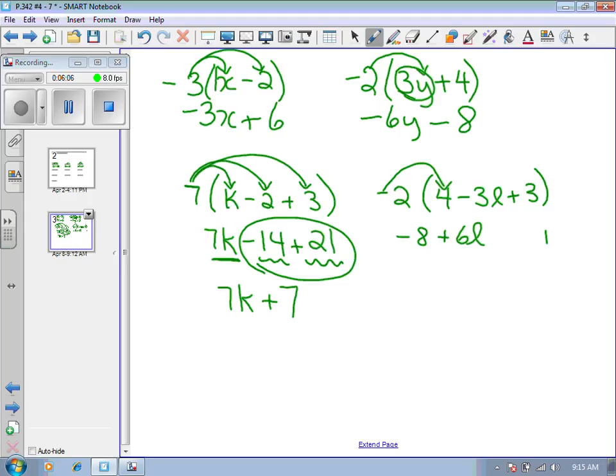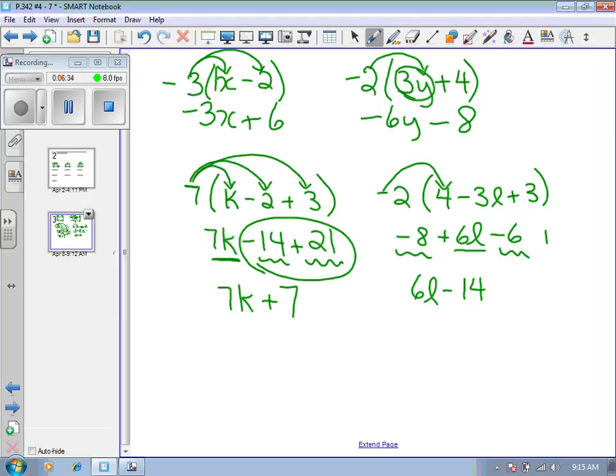And negative 2 times positive 3 gives us negative 6. So we've got some oranges, we've got some apples, we've got some more oranges. So what are we going to end up with for an answer here? We bring down the first one, 6L. What's negative 8 and negative 6 give us? Negative 14, okay? So we've grouped our like terms and been able to add them because they both have the same sign.